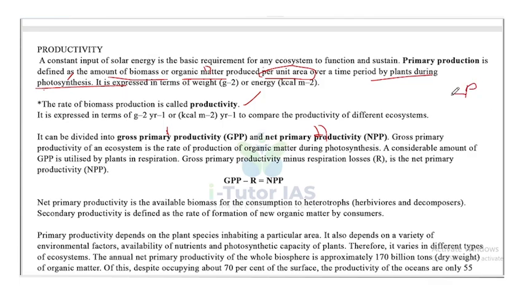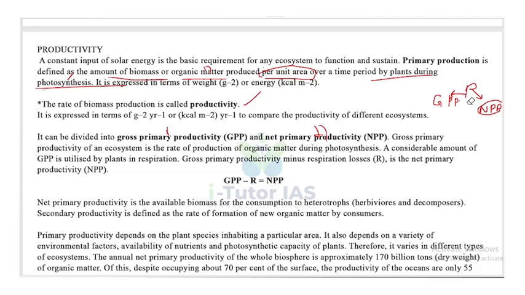Productivity can be divided into two, that is gross primary productivity and net primary productivity. Now let's discuss in detail these two categories.